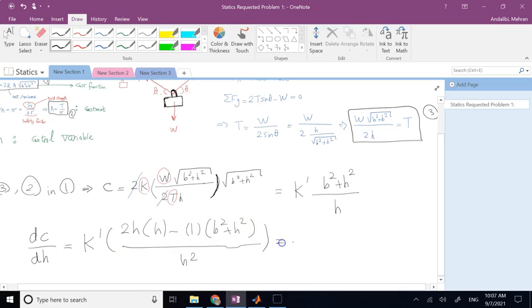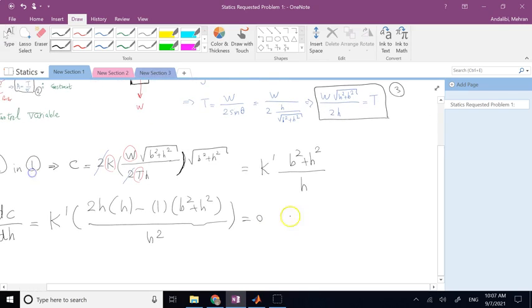This has to be 0 as the stationary point. And if you look here, the numerator has to be 0. This is 2h squared minus h squared minus b squared. So this is going to be h squared minus b squared equal to 0. And that means h has to be equal to b.